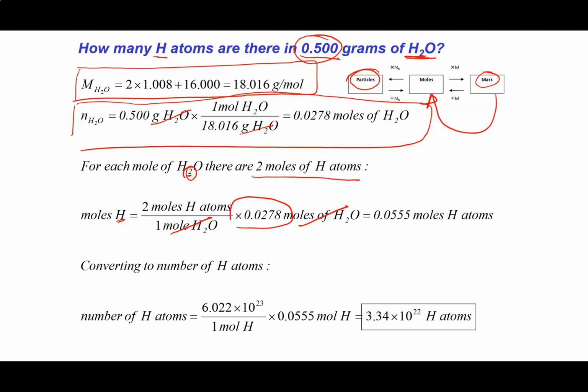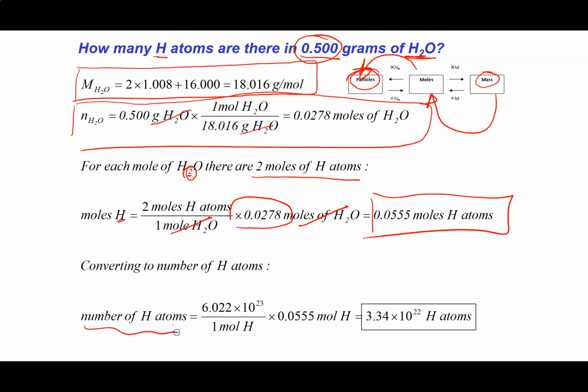So I have to multiply it by 2, right? So now that's how many moles of hydrogen atoms I've got, and I can now go on and turn that into particles using Avogadro's number, because Avogadro's number converts between particles and moles, or moles and particles, whatever way you want to go.